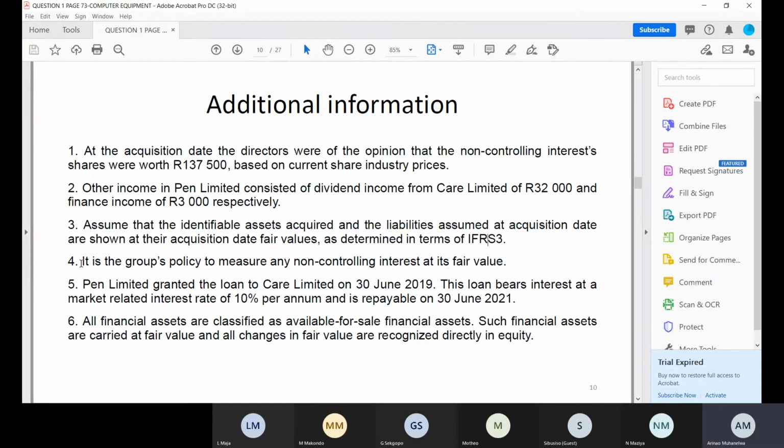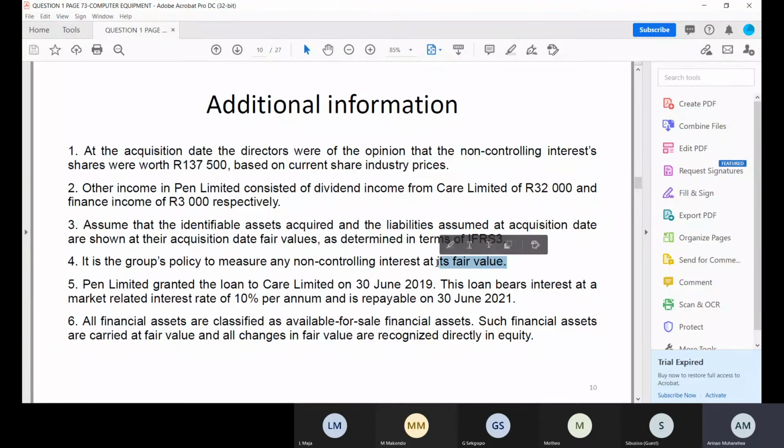Additional information number 4: it is the group policy to measure any non-controlling interest at its fair value. Remember, you can read additional information number 4 together with additional information number 1. I've indicated that here the non-controlling interest fair value amount is 137,500. Now they're just confirming that it is the accounting policy to use fair value.